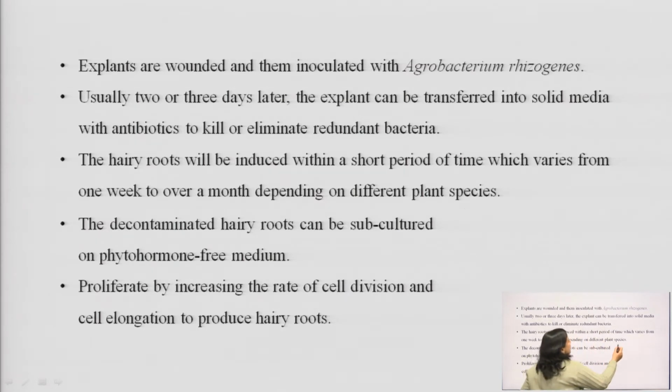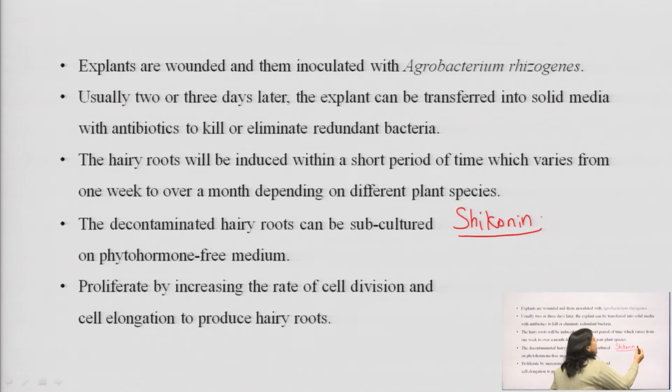A compound named shikonin, which is a dye, is manufactured by a Japanese company. It has been manufactured till date by the procedure of hairy root culture. So, this is one of the most widely known applications of hairy root culture.